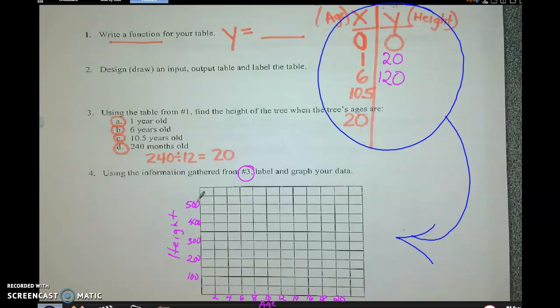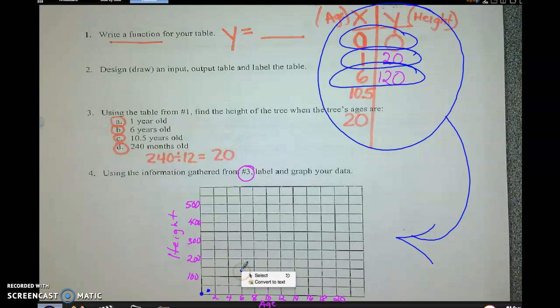So going ahead and taking these numbers and graphing them. So we have 0, 0, so that's going to go right here. Then we have 1, 20. Well, 1 will be right in the middle, and then 20 will end up being right about here. 6, 120.